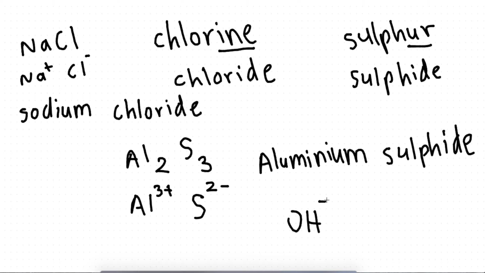Now, what we have just named are ionic compounds. We'll obviously cover this in detail in chapter 5, but there is something called ionic and covalent compounds which has something to do with this. The way you name a compound differs when you have an ionic compound or a covalent compound.